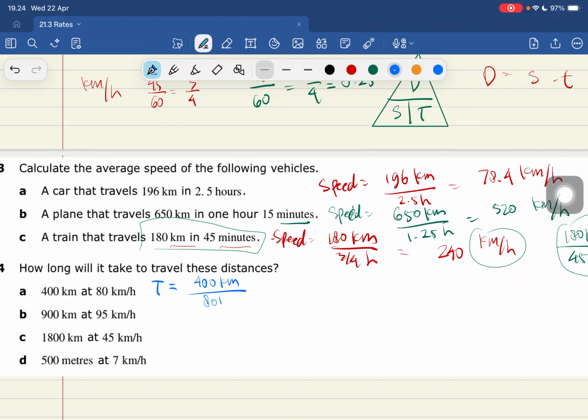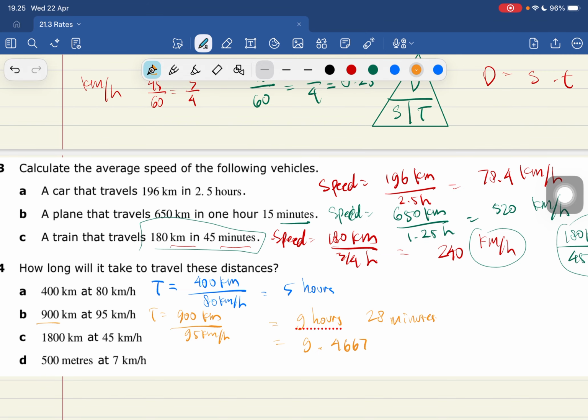So the unit is hours. 900 divided by 95 is 9 hours and 28 minutes. Or if you would like to keep it as hours, it's 9.466 and so on.